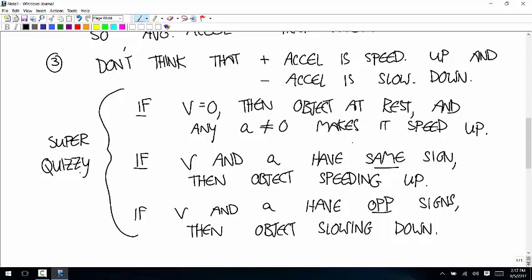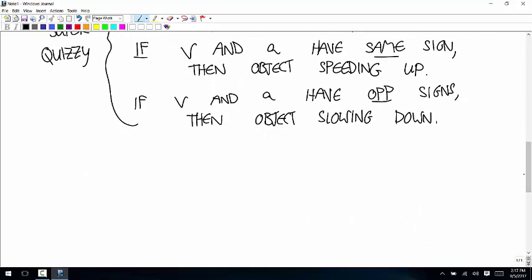Okay, so here's an example of how this works. So let's say there's a car speeding along.